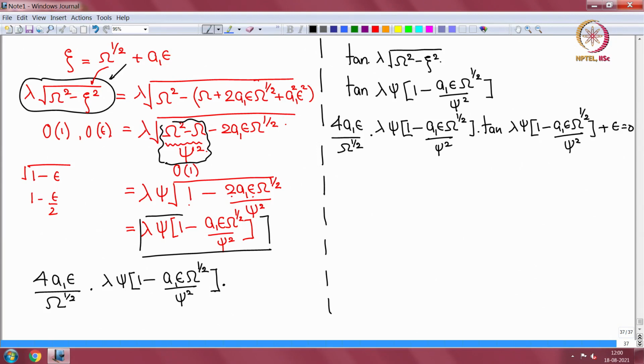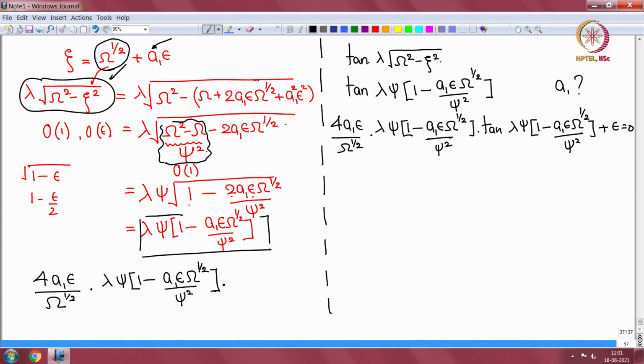What's the whole idea? We should not forget in the mess. The idea is to figure out A1, which gives me the correction on the flexural wave number, which was omega to the power half. So out of this, my question is, what is A1?